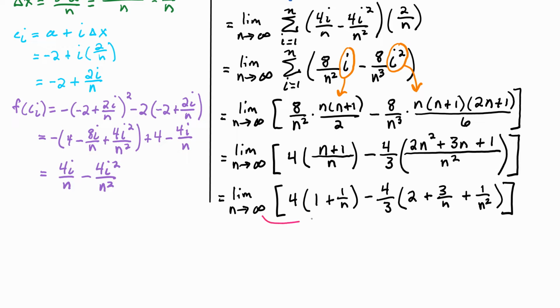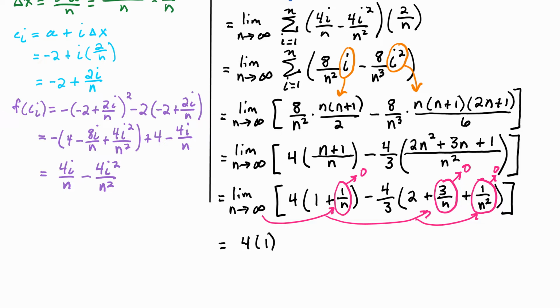Now we can let n go to infinity, which means this will go to 0, this will go to 0, and so will 1 over n squared. Also goes to 0. So this first term just simplifies to 4 times 1 minus the second term just becomes 4/3 times 2.